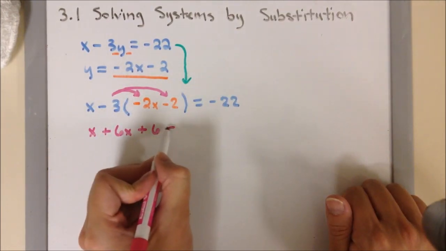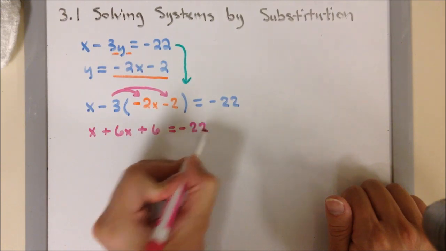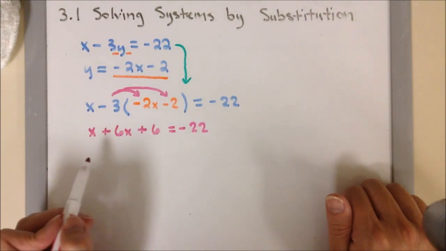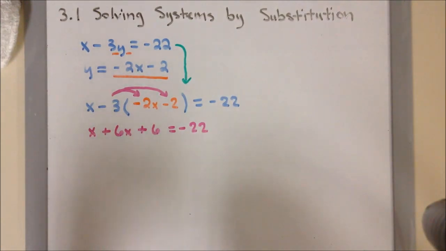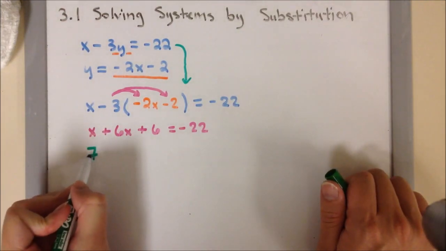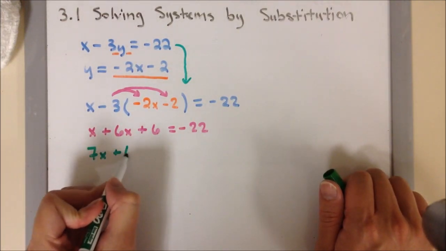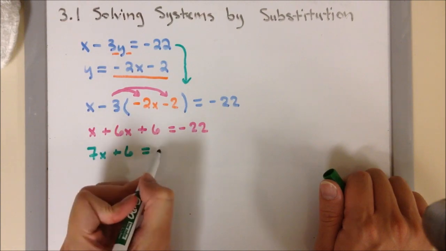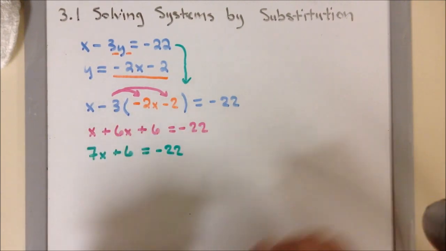And then I bring down equal to negative 22. Next, I'm going to combine like terms. We got multiple x's here. So x plus 6x, that will be 7x. Bring down the plus 6. Bring down the equal to negative 22.